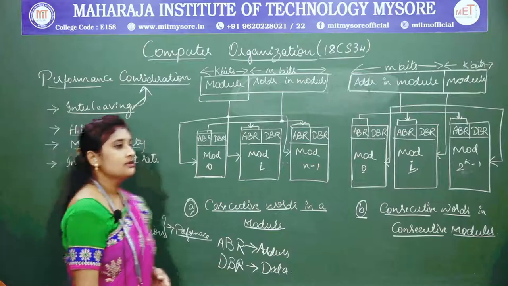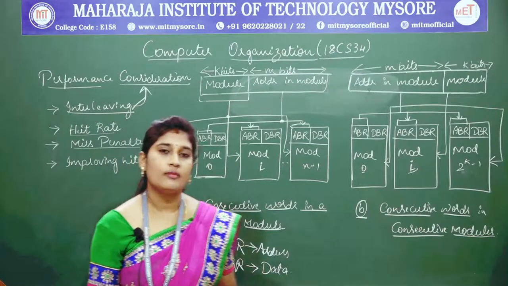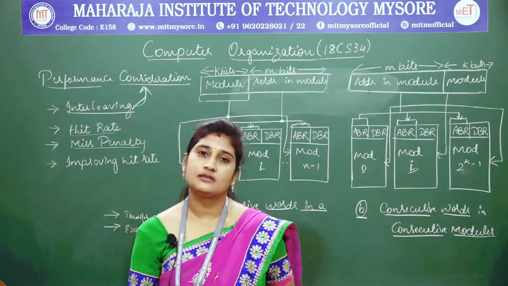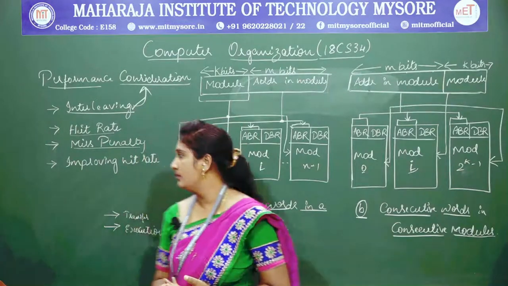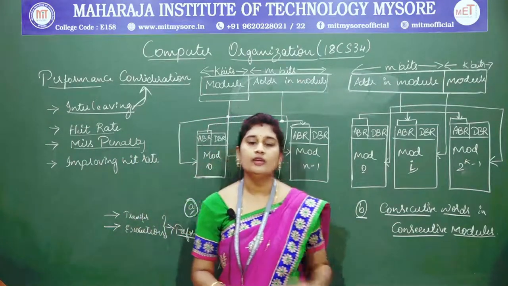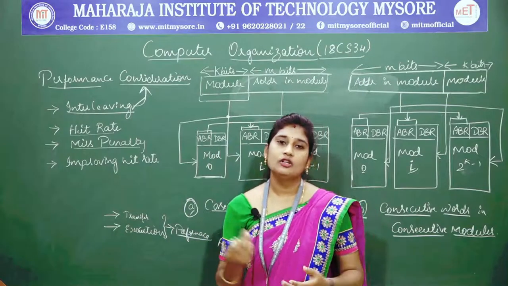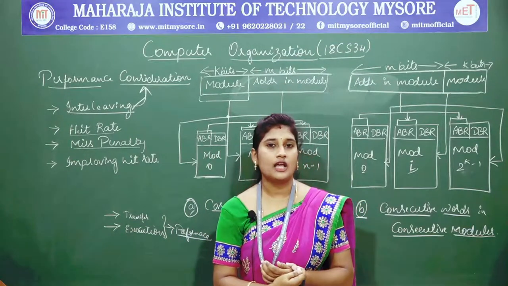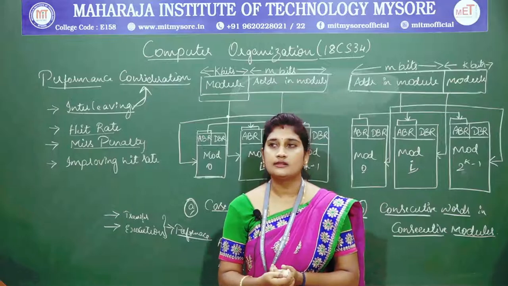Another consideration that you need to take into account while measuring the performance of the system is your hit rate and miss penalty. So what do you mean by hit rate? In your previous class, while explaining cache memories, I had already discussed it.